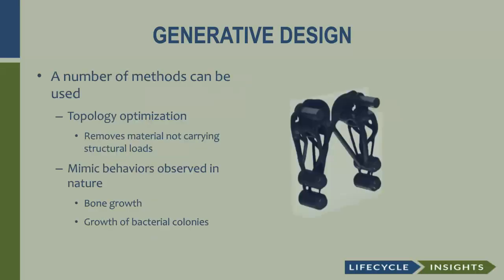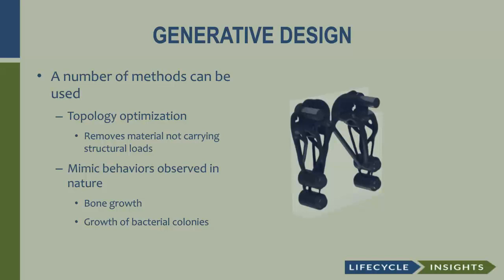One approach that is used in generative design is called topology optimization. Now basically, this is finite element analysis or simulation. What it does is it looks at the elements. If you don't remember, finite element analysis, it breaks your component down into either tetrahedrons or other smaller components and does the analyses on those.